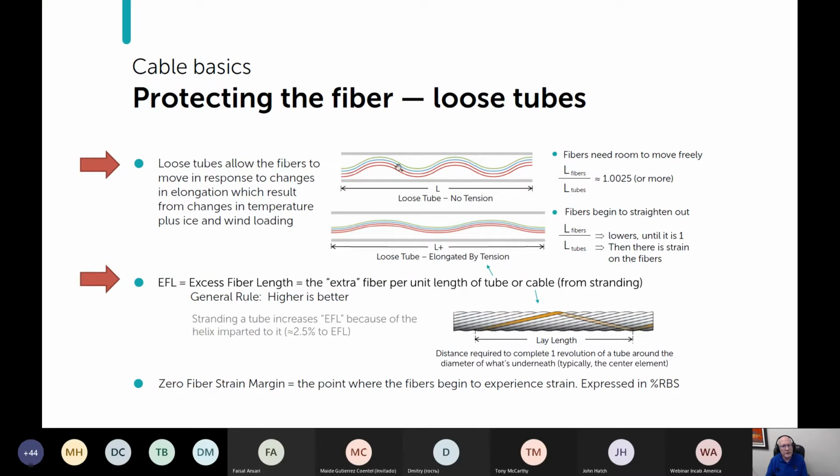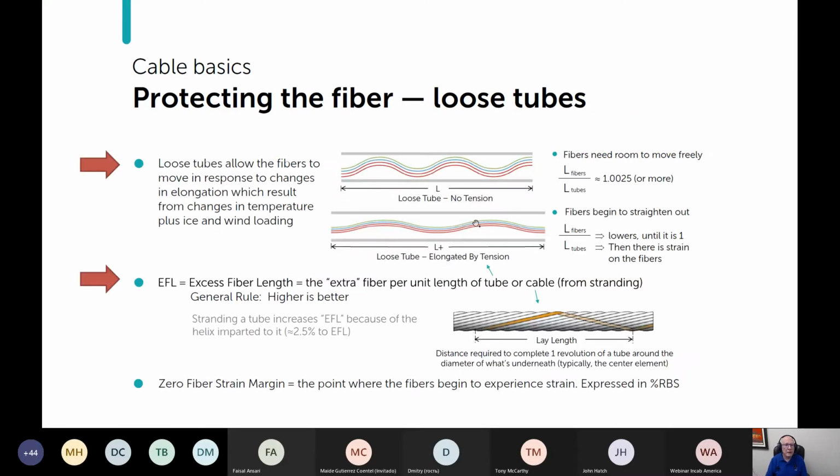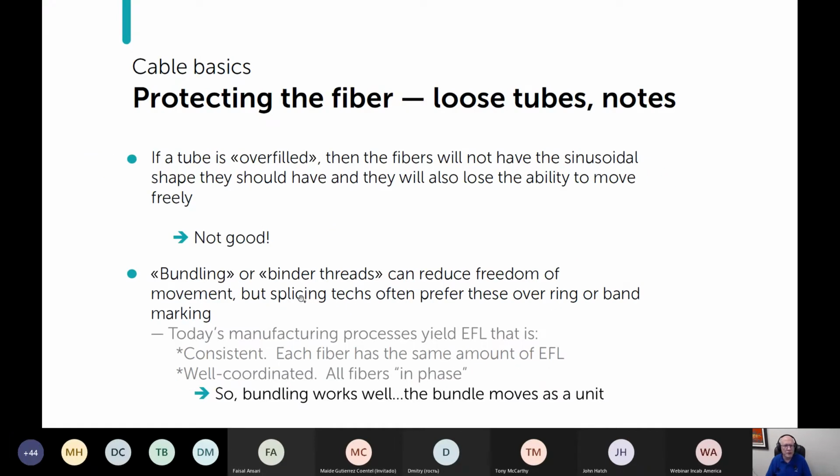But today, because the fibers are well coordinated, so they're consistent and well coordinated, each fiber has the same amount of EFL, and all fibers are in phase, bundling works well. You're not really going to have a problem. The entire bundle moves as a unit, like you see in this illustration, even though no binder thread is shown on it. They all move together. So it works well.